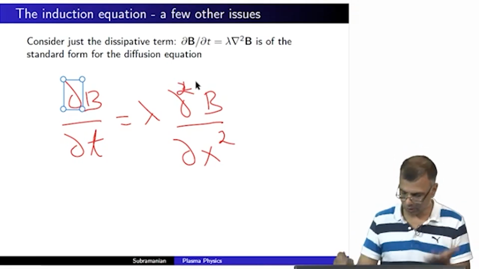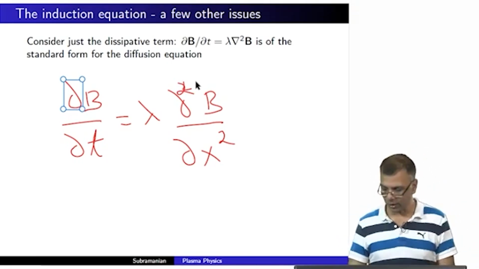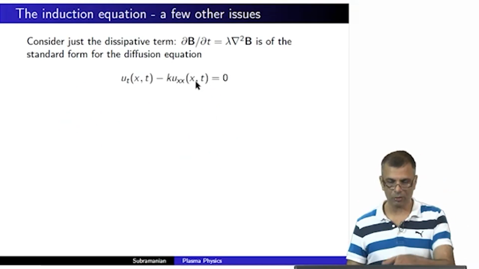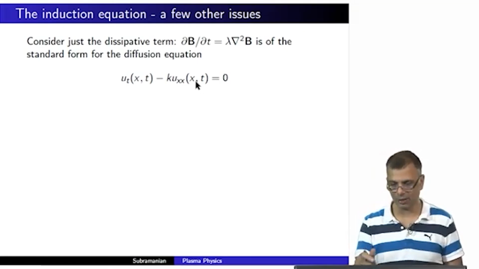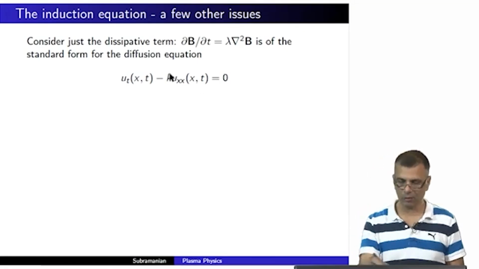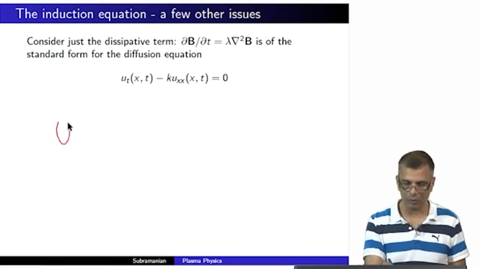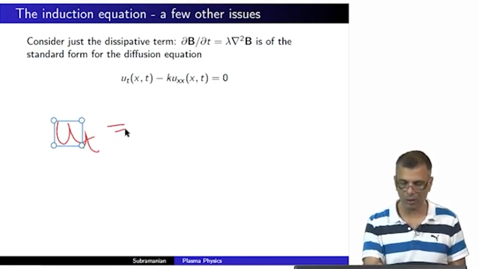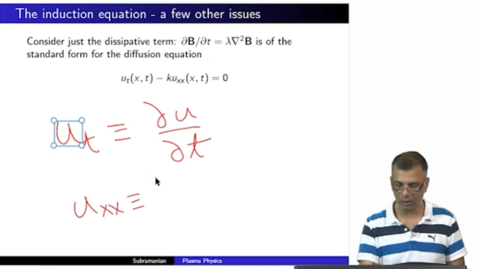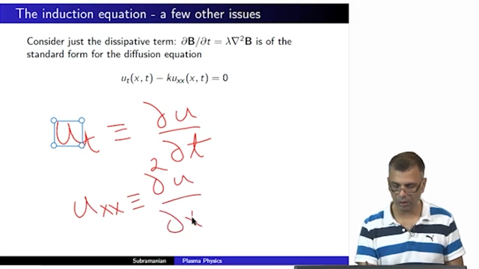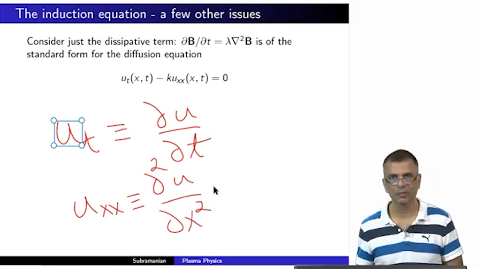And the solution to a diffusion equation is well known. So, u x x is d square u dx square, where I say u t is du dt. That is a notation.